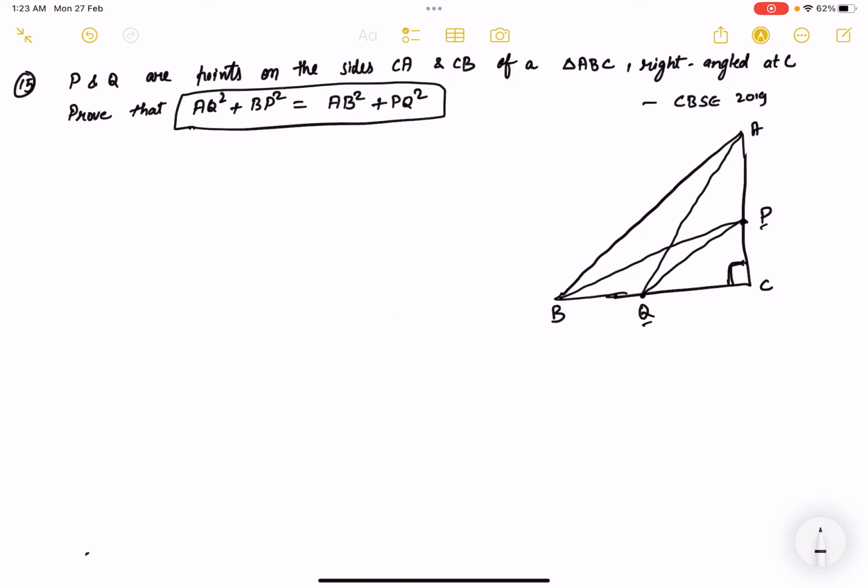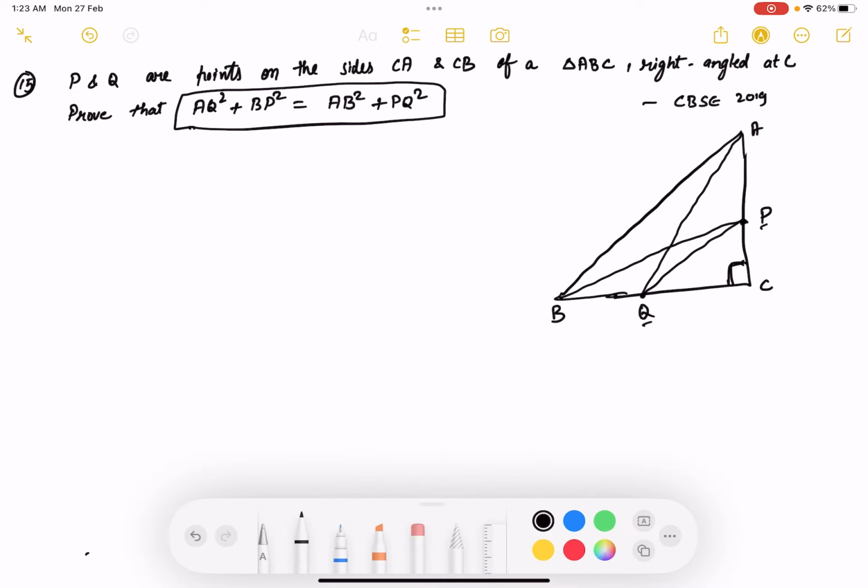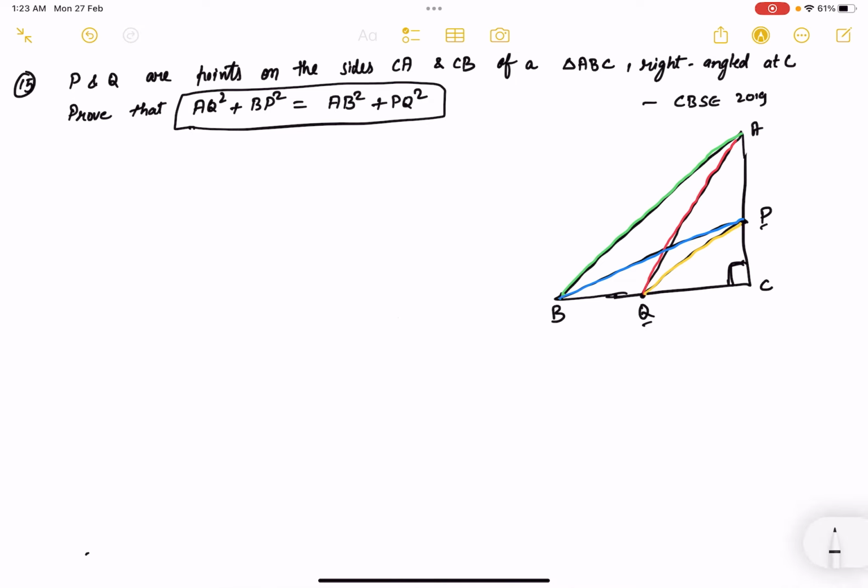We have AQ square in our final expression, BP square, AB square, and PQ square. So we will apply Pythagoras theorem so that we can get all these terms.